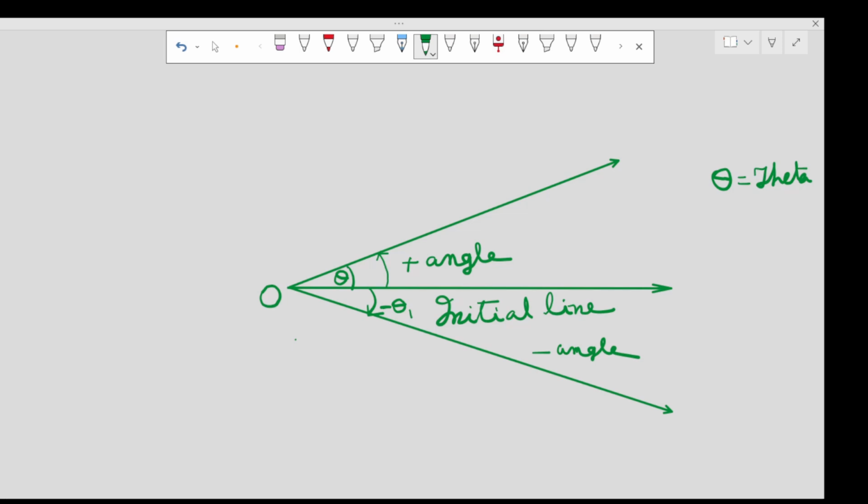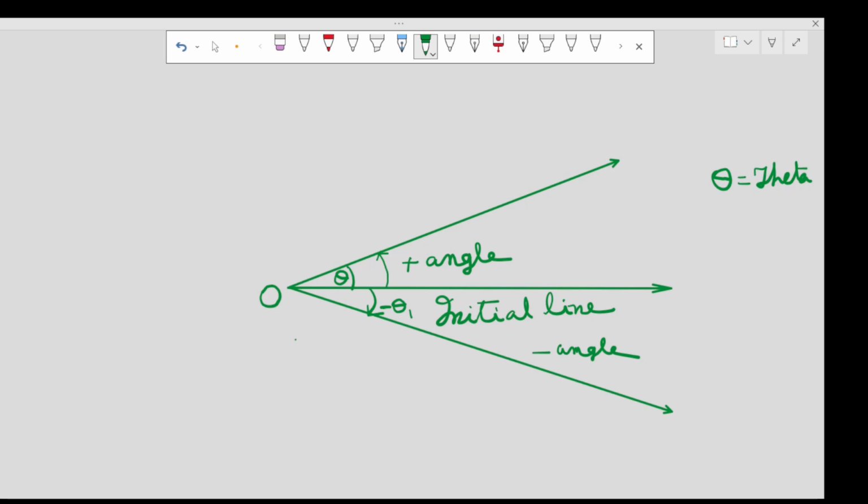Because we don't know whether these two angles are equal. If these two angles are equal, we will name it minus theta, depending on the situation. Therefore, I think I am able to give a concept about the trigonometrical angle.